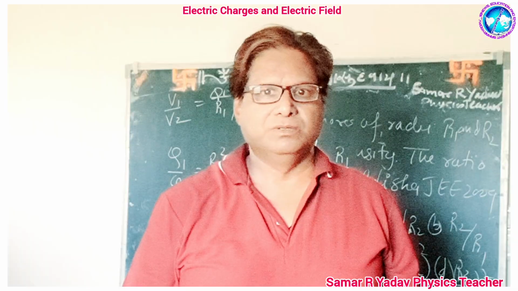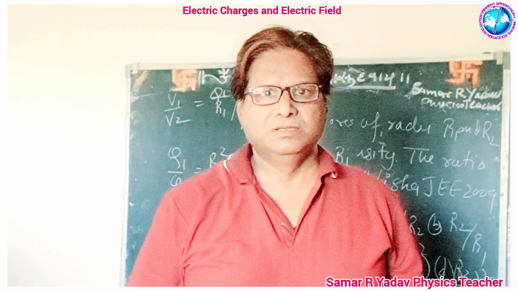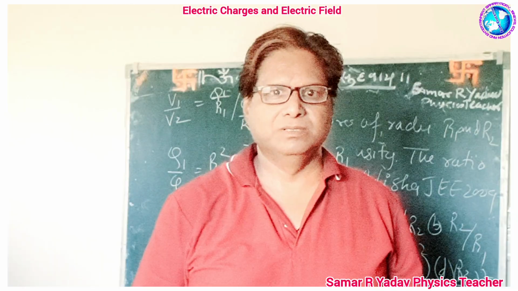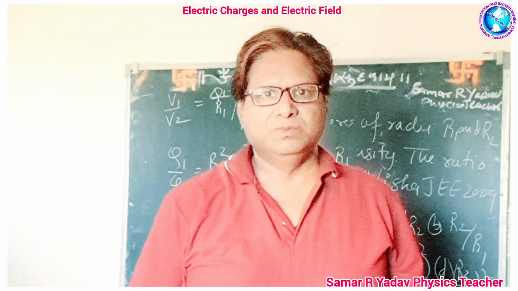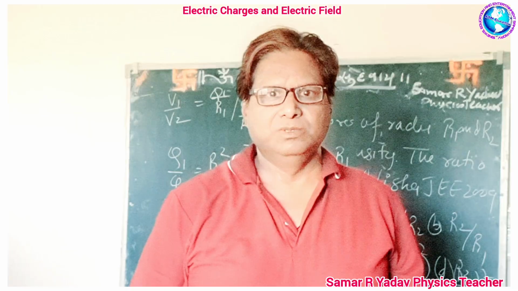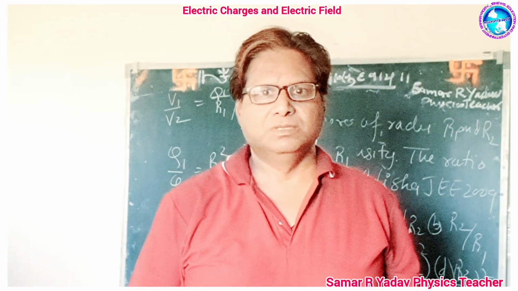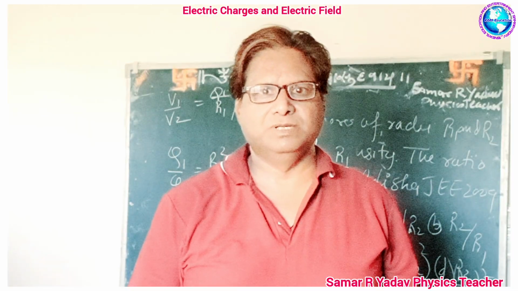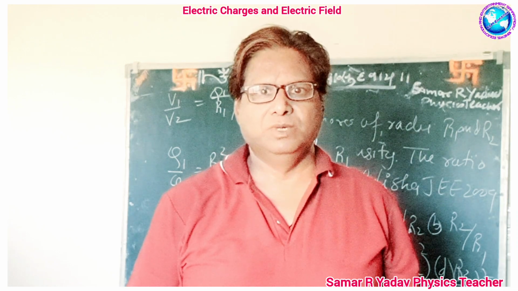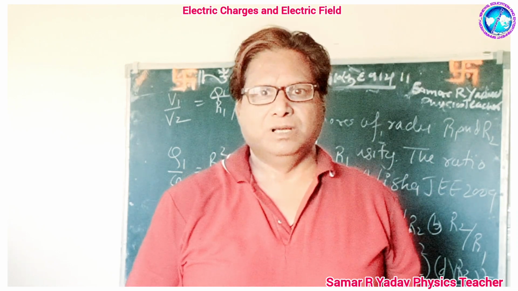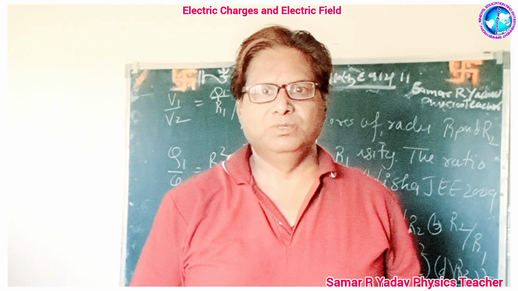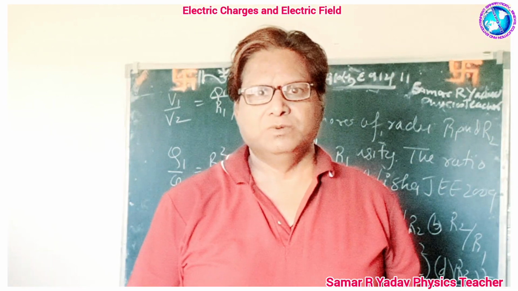In this multiple choice question, surface charge density sigma is equal to charge upon area, equal to Q upon 4 pi R square. Both spheres have radius R1 and R2 and charges Q1 and Q2, with the same surface charge density, therefore sigma 1 is equal to sigma 2. Therefore Q1 upon 4 pi R1 square is equal to Q2 upon 4 pi R2 square, so Q1 upon Q2 is equal to R1 square upon R2 square.